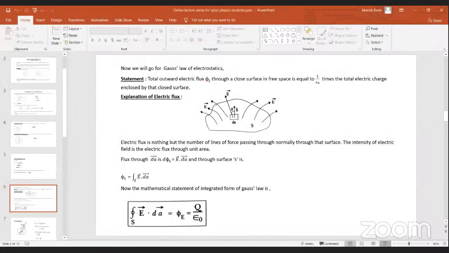So I have shown the closed surface S here, and it encloses the plus Q charge, kept at point P actually.